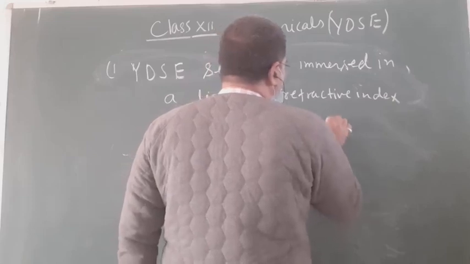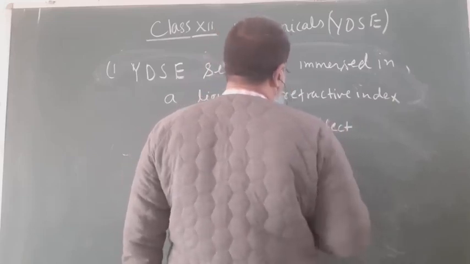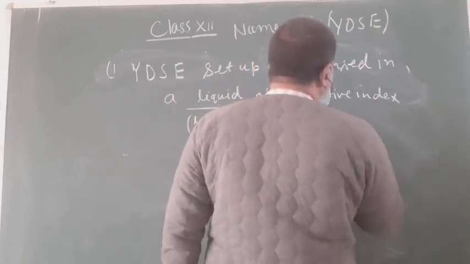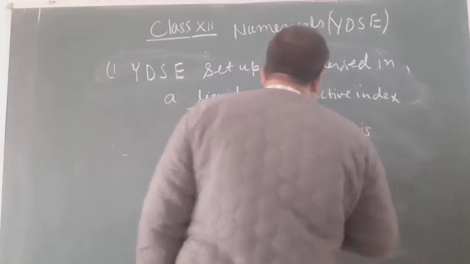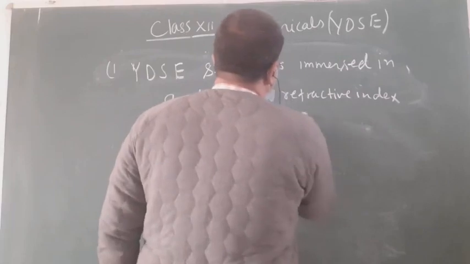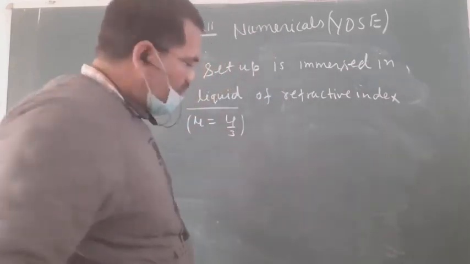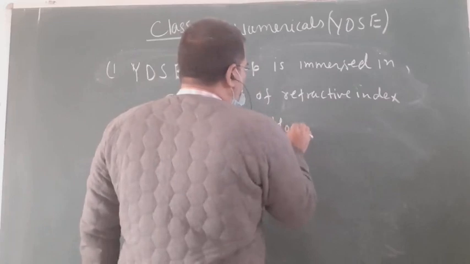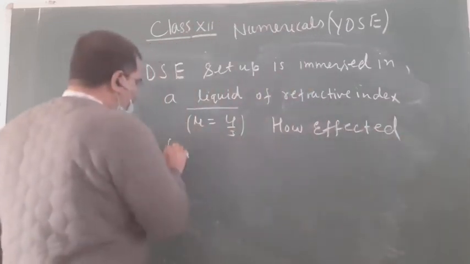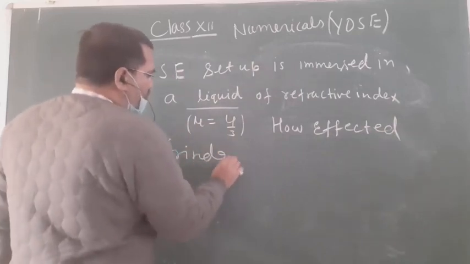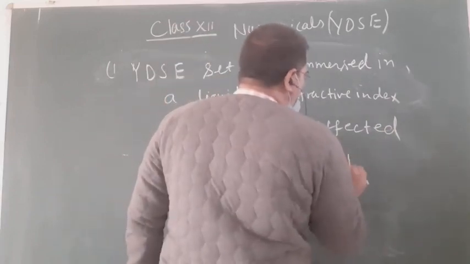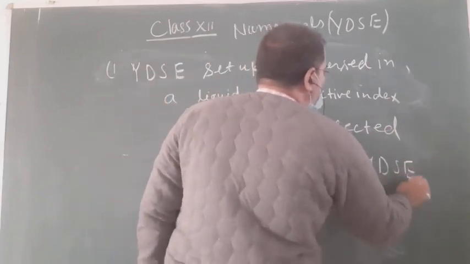How is the fringe width of the YDSE setup affected?